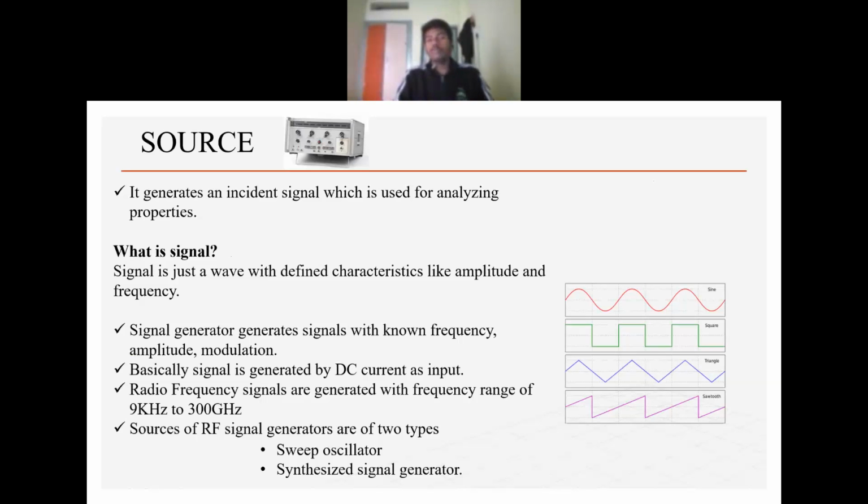Similarly, in electrical equipment, we use a source of a signal which has a known frequency, and this is generated using an oscillator, amplifier, and attenuator. So now, what is a signal? A signal is just a wave with defined characteristics like amplitude and frequency. And now we will be giving a frequency as an input so that the frequency signal is generated. Now this signal.